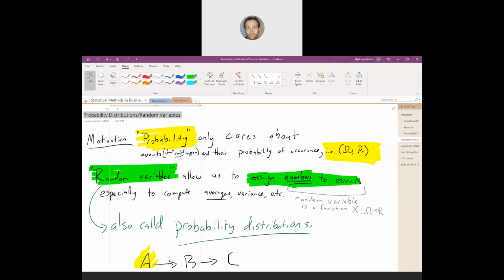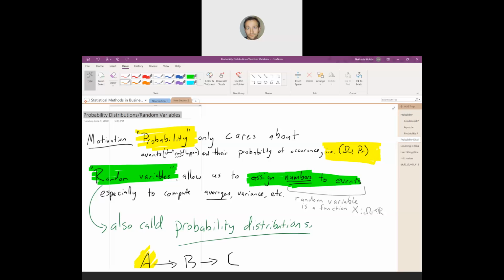But instead of talking about any event that you like, you talk about the number that corresponds to that event. It could be money that you earn, or time that something takes. It doesn't matter. It's just some event that you interpret as a number.